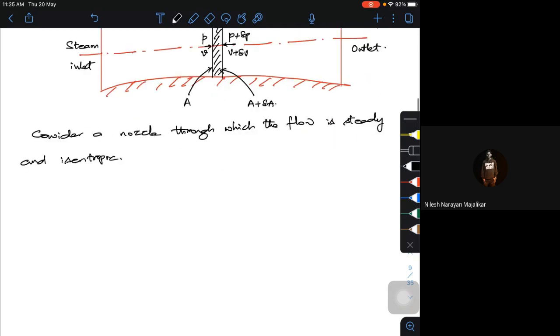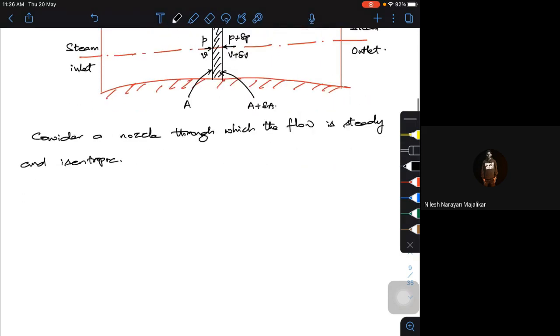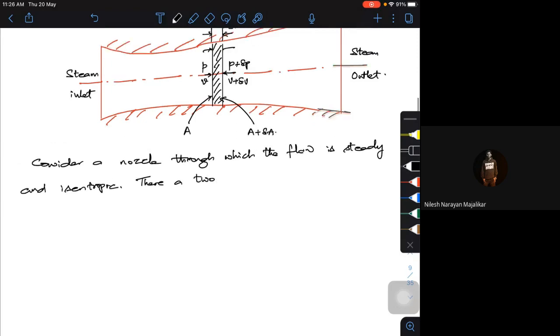So there are two planes. Let me call this one, and this is two.